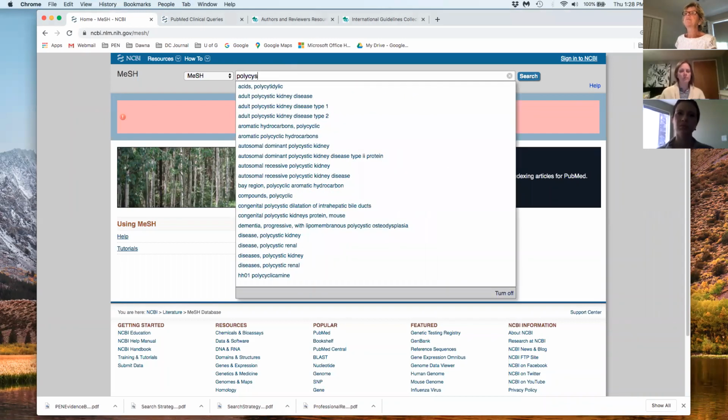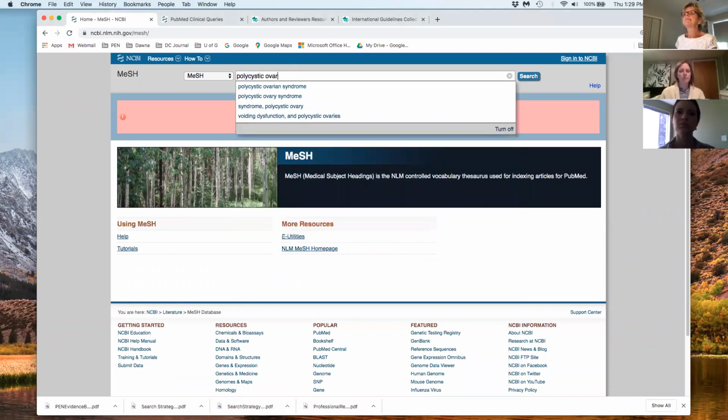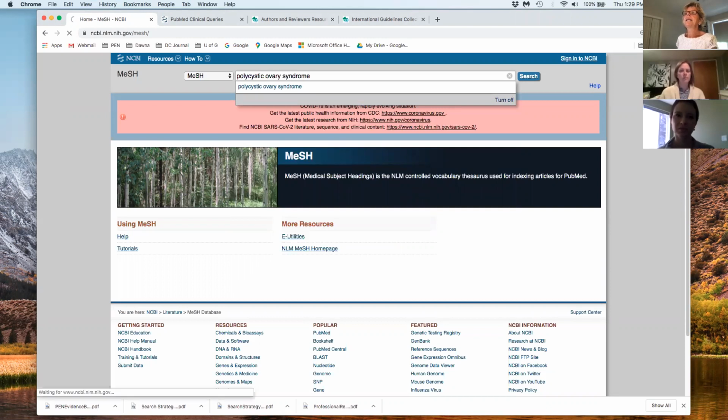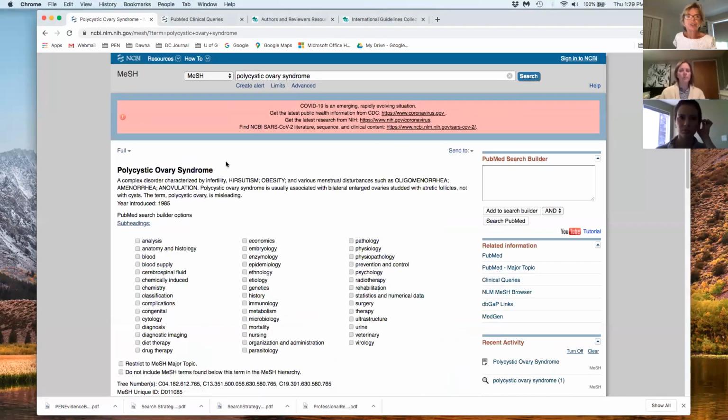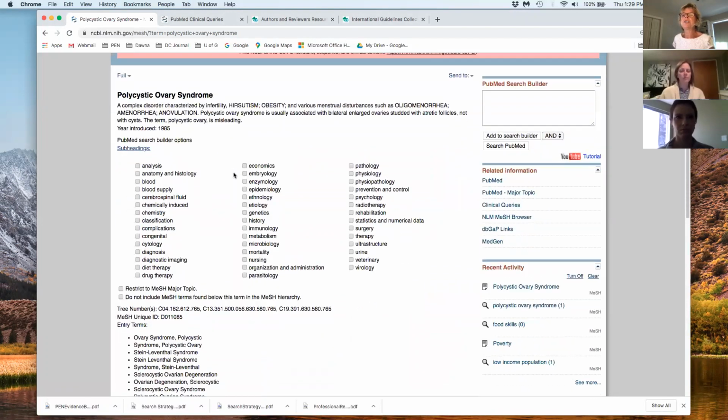So let's just start with polycystic ovary syndrome and see what comes up in our search. And sure enough, that is an index term, so that would be a very appropriate one to use.